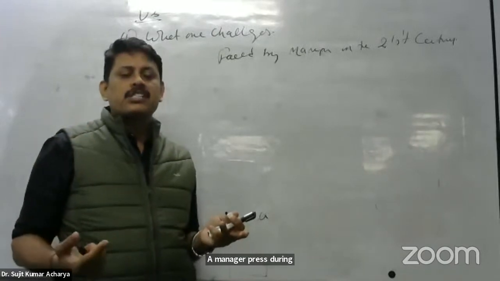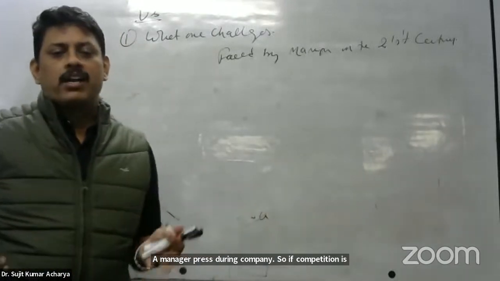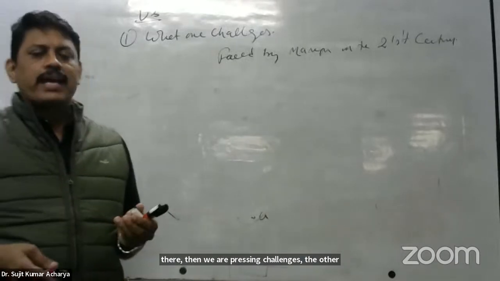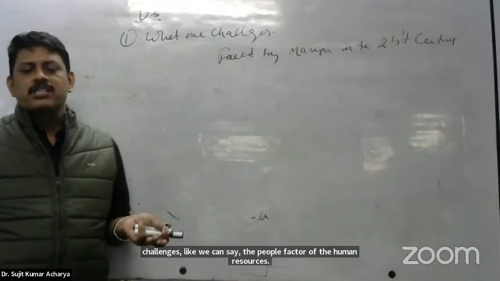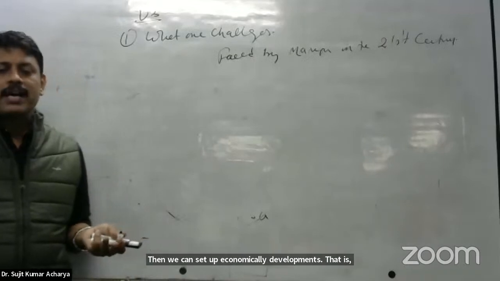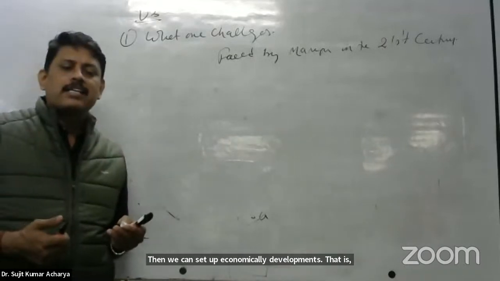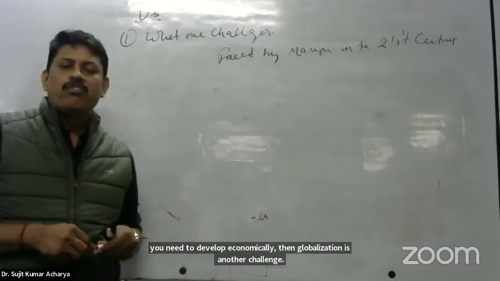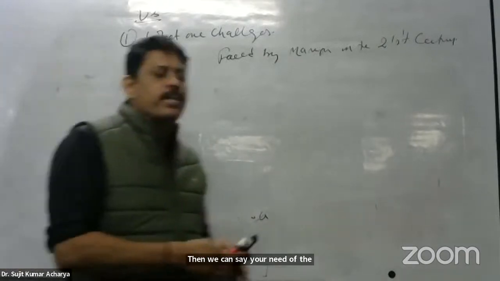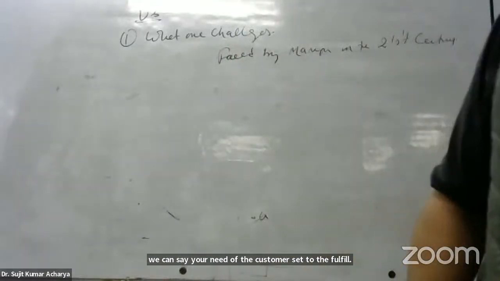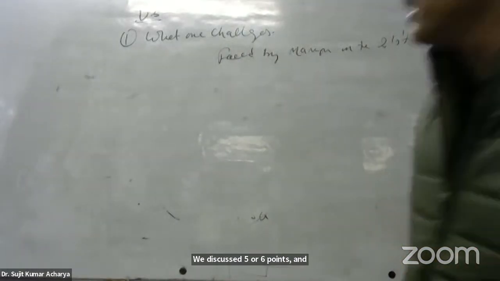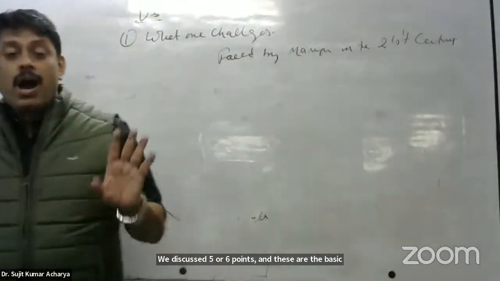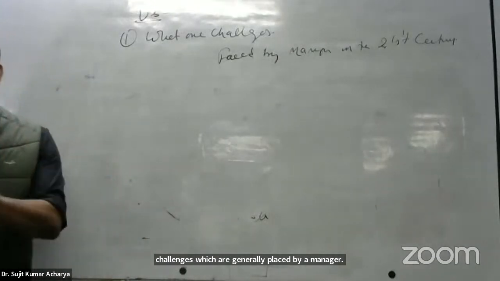The other challenges are the people factor or human resources, economic developments, that is you need to develop economically, then globalization is another challenge, then the needs of the customers have to be fulfilled. We discussed 5 or 6 points, and these are the basic challenges generally faced by a manager in the 21st century. Now, accordingly, what kind of role are you taking?